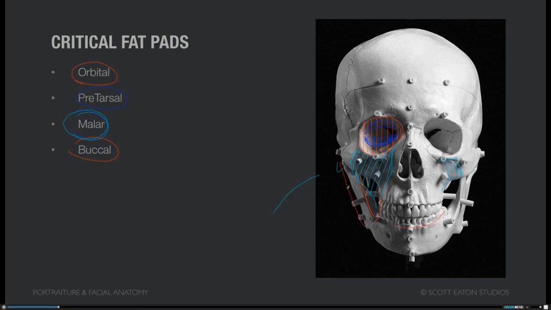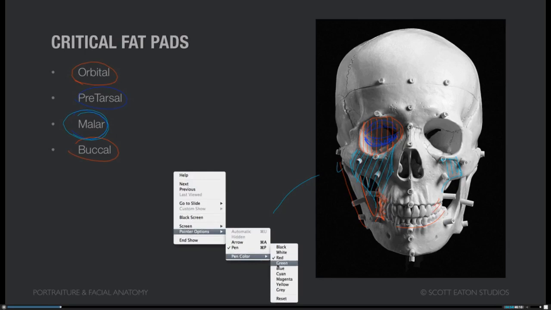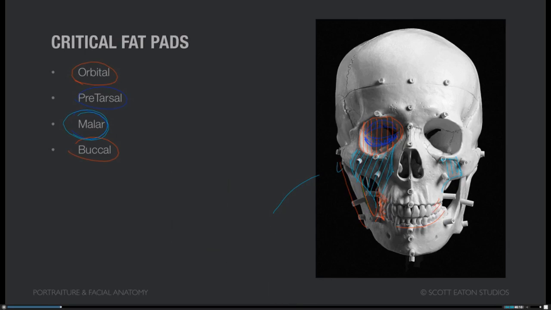We'll talk about that more when we get to expressions. But suffice it to say, buccinator runs right along the teeth on the inside, but there's still left behind the ramus here a little pocket where we're going to put this deep structural fat pad called the buccal fat pad.